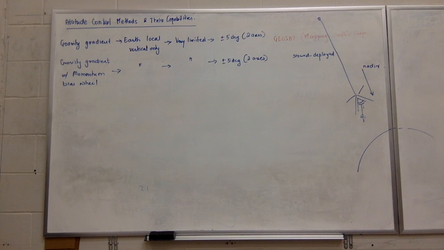You can say this is what happens eventually. A typical gravity gradient satellite may look something like this. The satellite is here, there's a big boom, and there's a very heavy mass attached to the end. You have to have that entire thing deployed or stored when you launch it, and it has to come out.